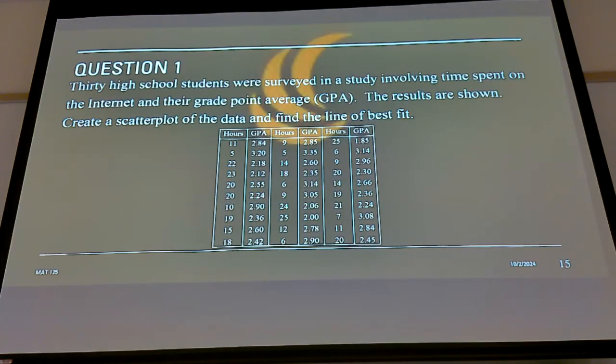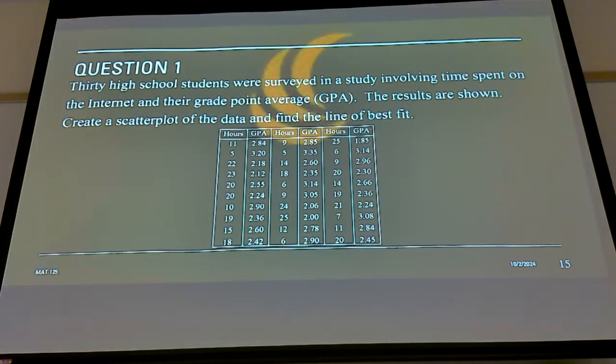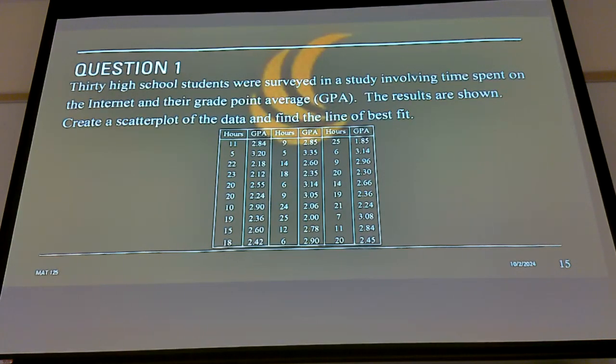Create a scatter plot of this data and find the line of best fit. I'll show you using both Excel and Minitab.